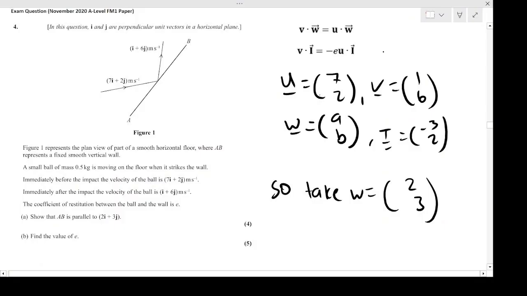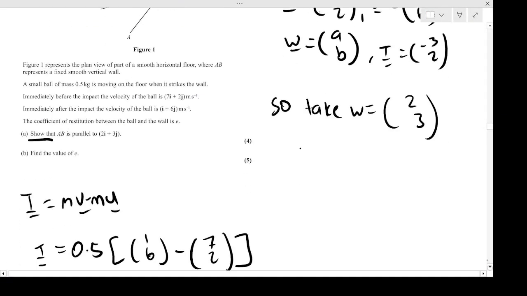It's perfectly legit. It will give me a direction vector, and that's what I care about. I want to find a direction vector to show it's parallel. But I need to show it's parallel. So what I need to do more formally now is take the dot product, and that should confirm they're perpendicular. So w dot I is going to be 2, 3 dotted with -3, 2.